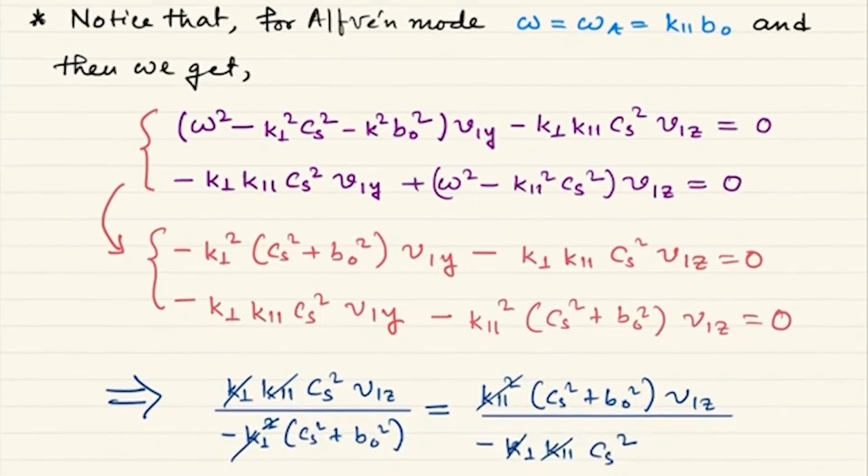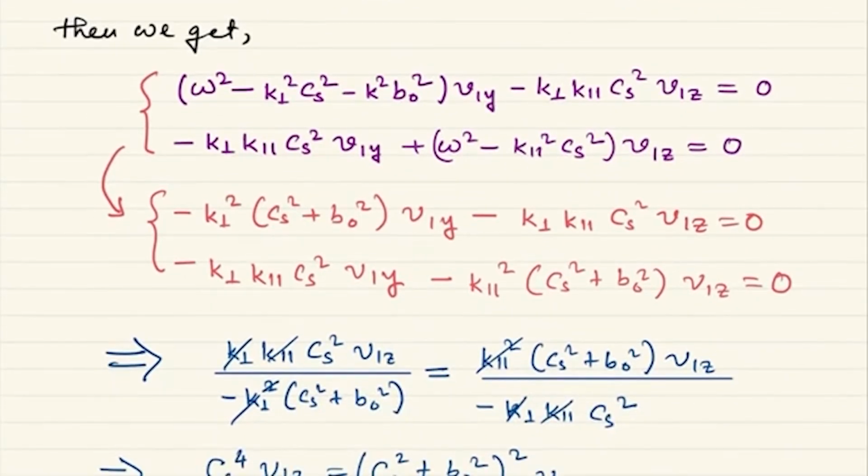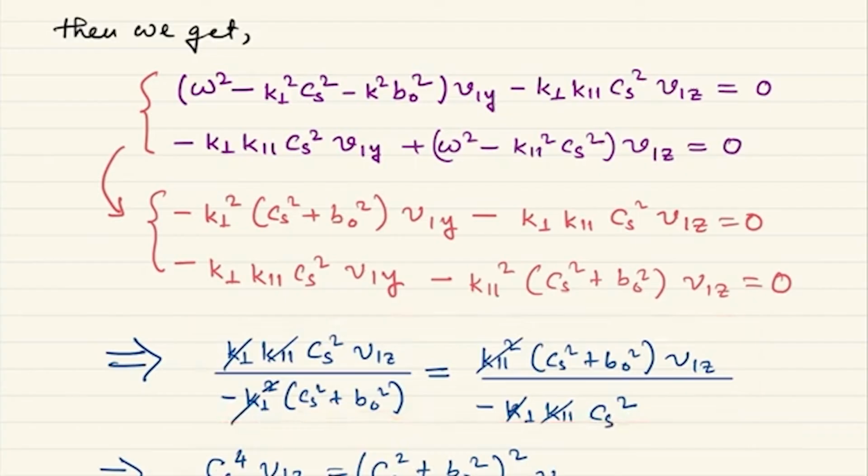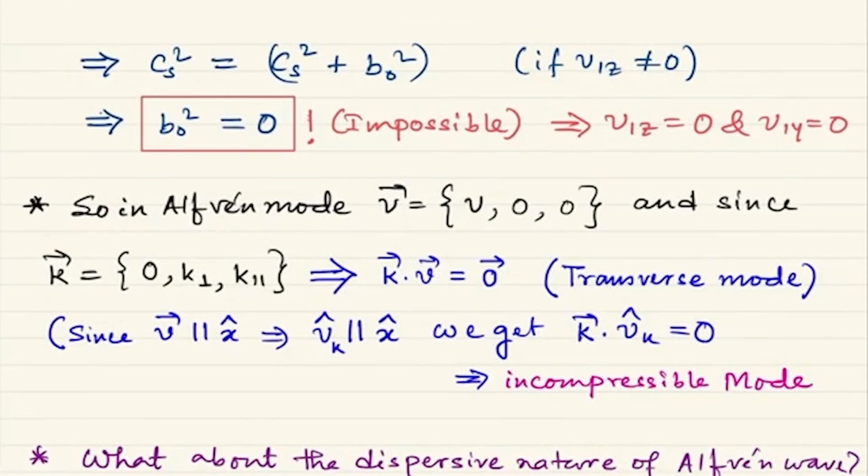So I eliminate V1y from both these equations, and then I will have these two things to be equal, from where you can easily cancel k parallel and k perpendicular accordingly, and you will have this relation. So one possibility is of course V1z is 0. The other possibility is cs to the 4 will be equal to cs square plus B0 square whole square.